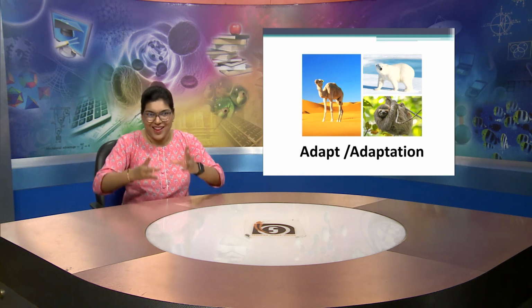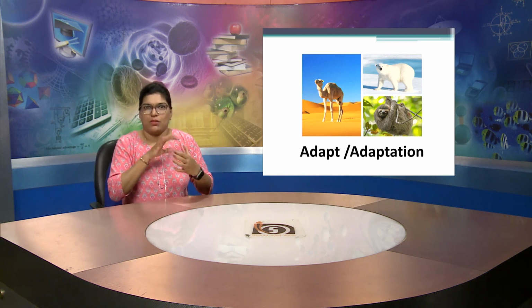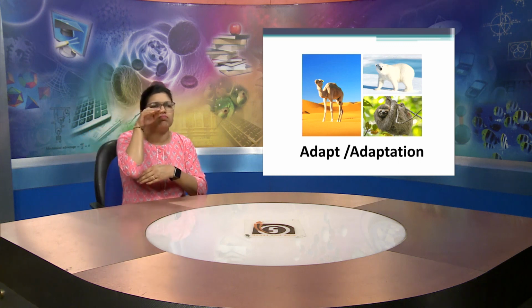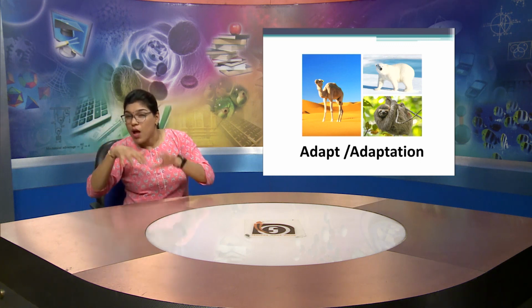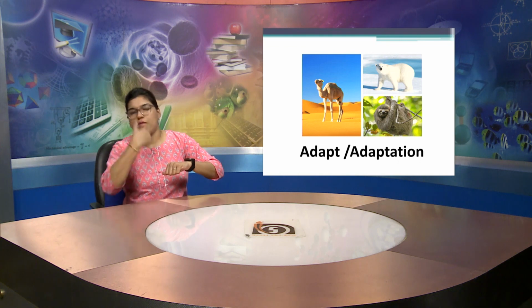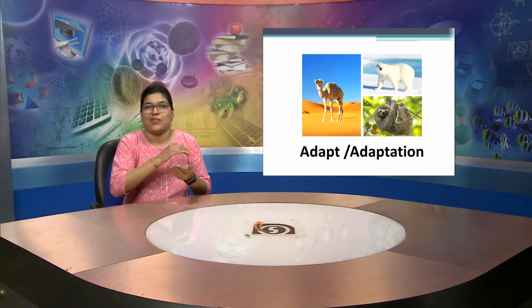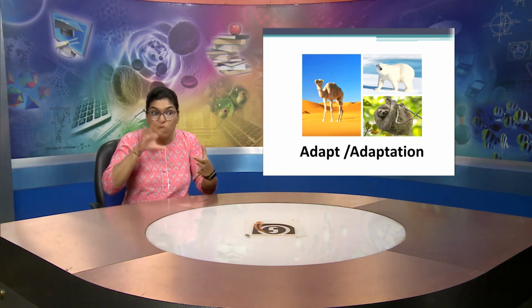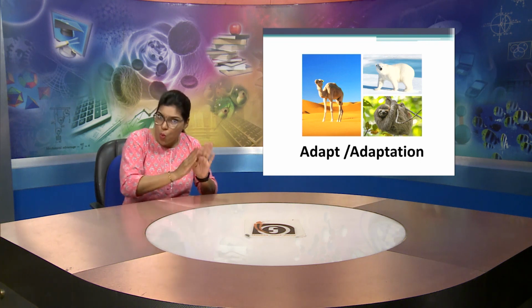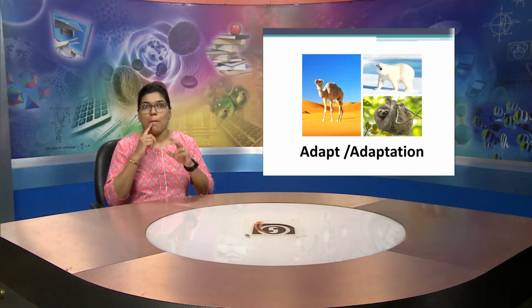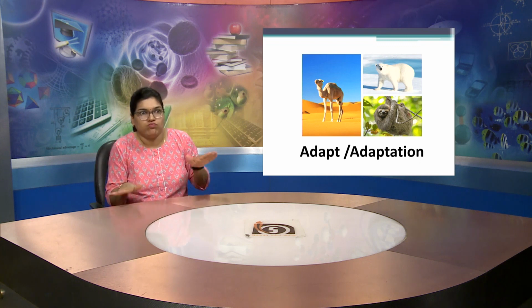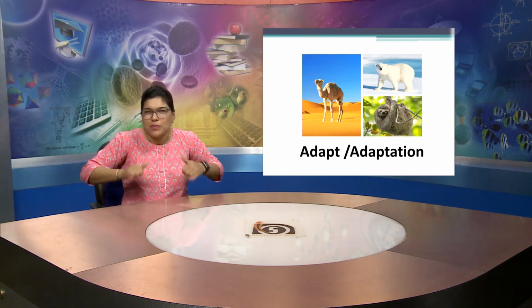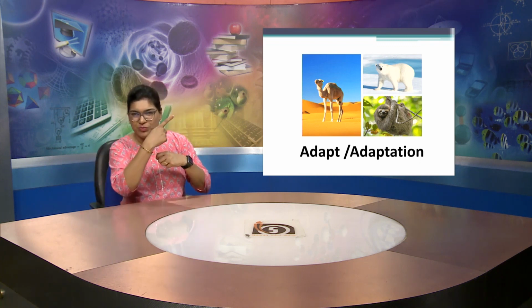The camel is habitual of walking in sand. Whether the sun is hot or it is just normal, the camel can easily walk on that sand. So you can say the camel is adapted for that environment.